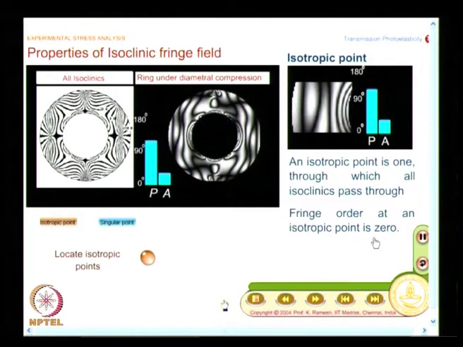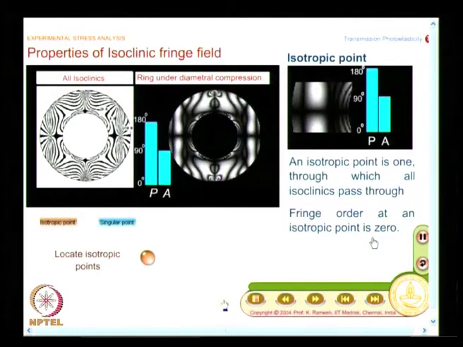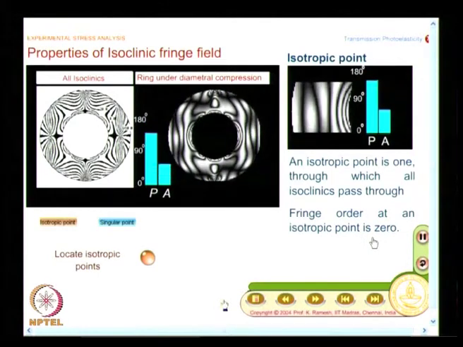See here, I tried to find out property of an isochromatic fringe field by looking at isoclinic fringe field, I can switch back and forth and then verify this is 0th fringe order. There is also methodologies to verify the 0th fringe order even in a circular polariscope, but if you have a confusion you can always verify it, you always need some verification.